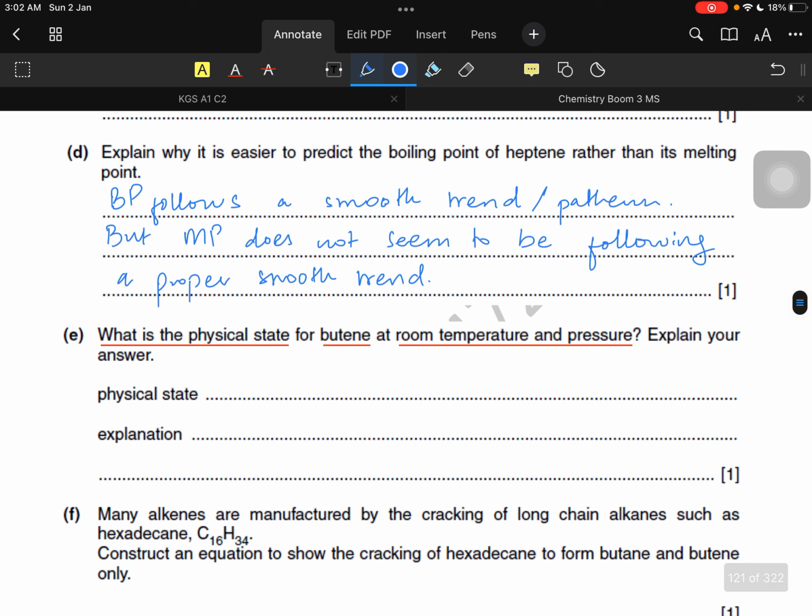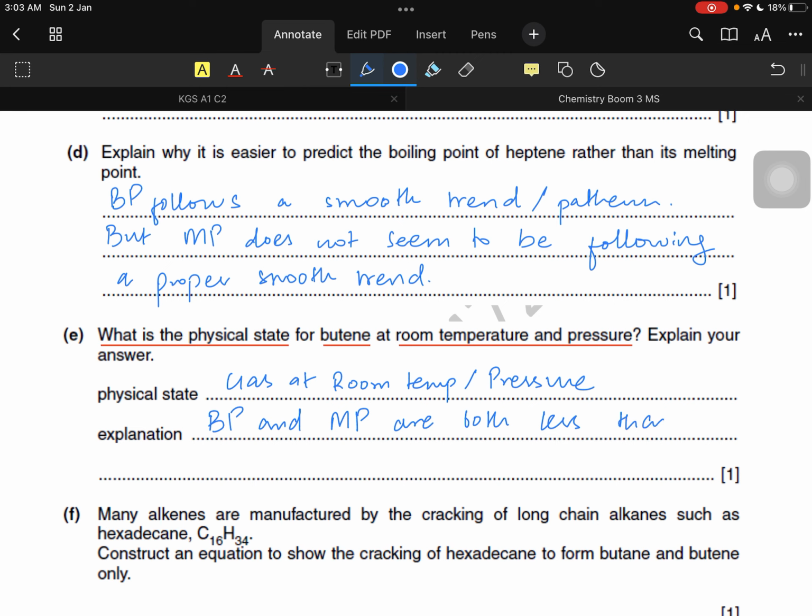So anything with such a scenario is going to be a gas at room temperature and pressure. Why? Because its boiling point and its melting point are both less than room temperature. So that should be it for us.